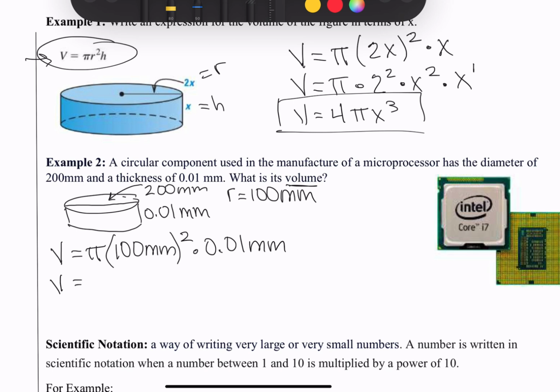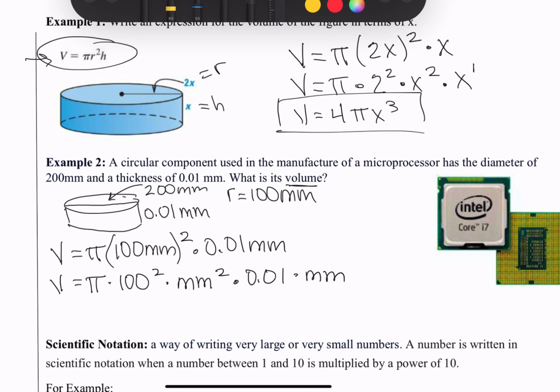It's 100 times millimeters. So both 100 and millimeters get squared. So we're going to keep the pi. We're going to then have 100 squared, millimeters squared. Then I've got another 1/100 times millimeters. Now, why am I doing this? To show you the breakdown of the units here.